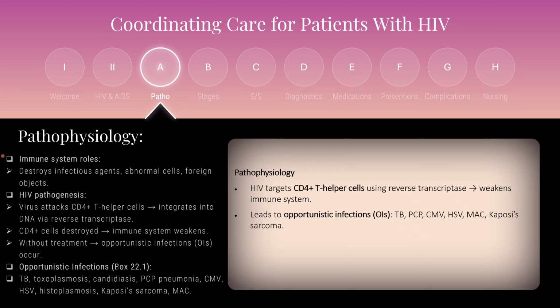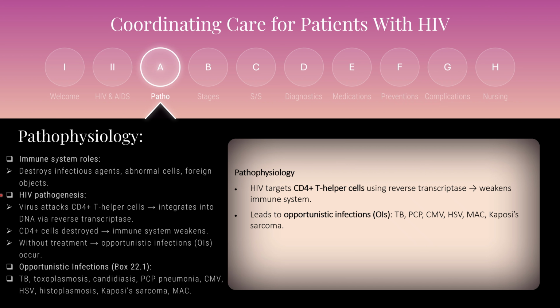Once affected, individuals undergo acute viral infection and seroconversion, asymptomatic chronic phase, symptomatic chronic phase, and AIDS at the end. The immune system's role is to destroy infectious agents, abnormal cells, and foreign objects.